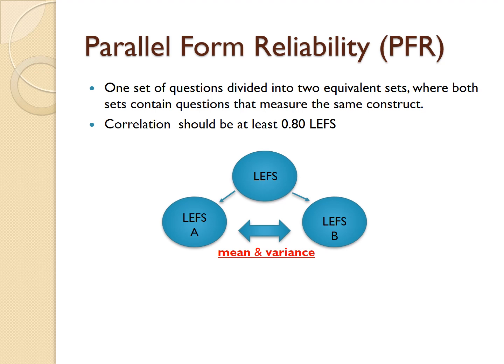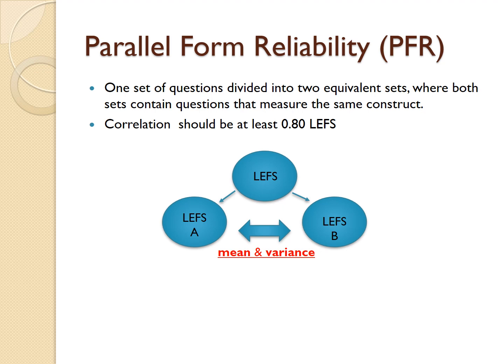Okay, now what you're doing is you're trying to correlate whether the A and the B results have the same degree of agreement with each other or not. So you're trying to find out whether the A and B have good parallel form reliability, whether A and B correlate with each other.